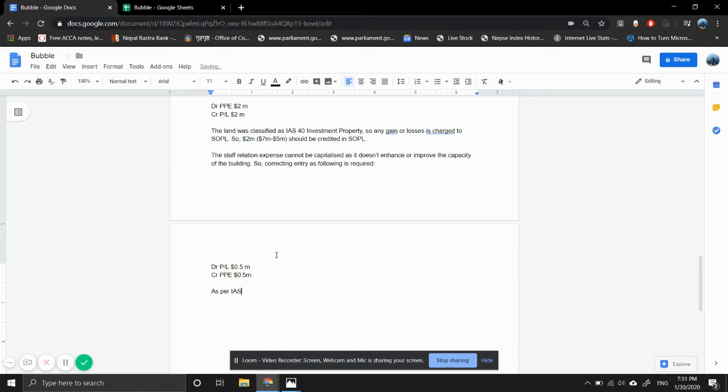As per IAS 16, PPE, initially the asset is recognized at cost and subsequently the cost or fair value model can be used based upon the entity's business model.